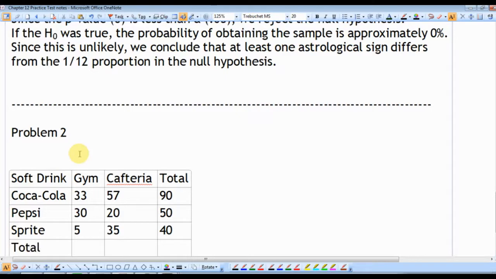Last one is our total column for how many people got soda from the gym. That is 68. I'm just quickly adding these in my head. So that is 112, for a total of 180, 190? 180. 180. So close. Okay, so those are our marginal values.